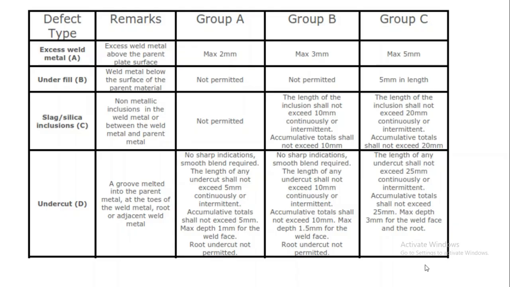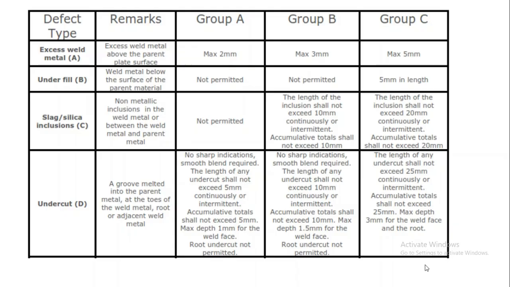Undercut can also occur in the weld metal. If there are two runs, you can see the undercut between them. So be careful: either near the groove, where the parent metal is melted, or between the runs of the weld metal.